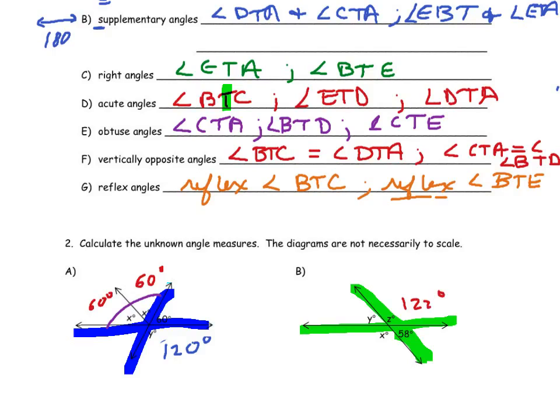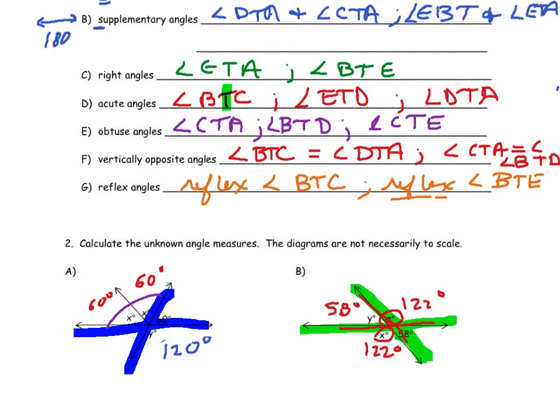You could do 58 and x together also add to give you 180. Or perhaps you would see angle Z and angle X as being vertically opposite, the scissors, so to speak, so they're equal. Perhaps you see angle Y and angle 58 as opposite angles, so they're of course going to be equal.